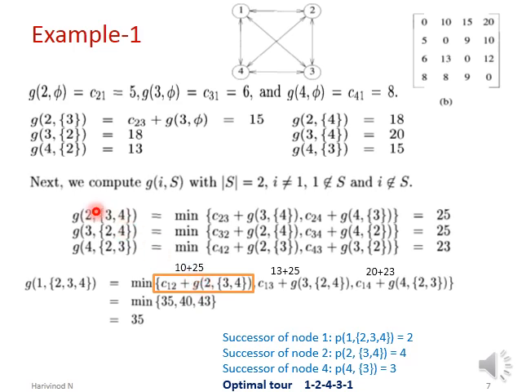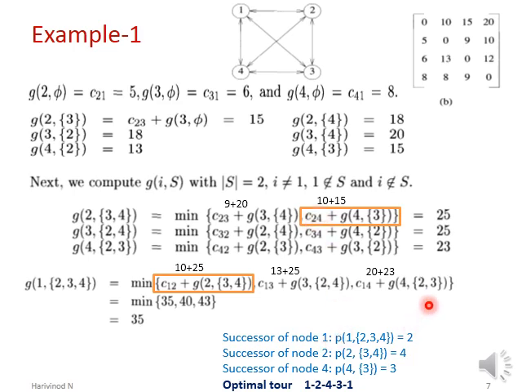If you trace back this one, there are 2 choices here and here. Among these 2, we can see that the first one's value is 29, the second one is 25. So this 25 is because of the second one. So the choice should be the second choice, that is from 2 to 4.